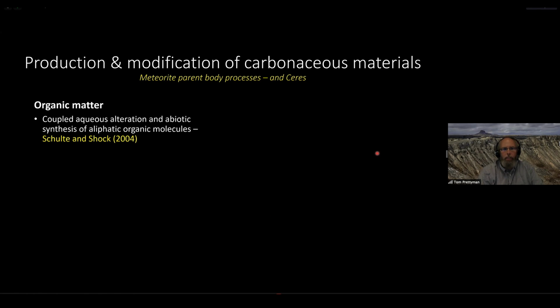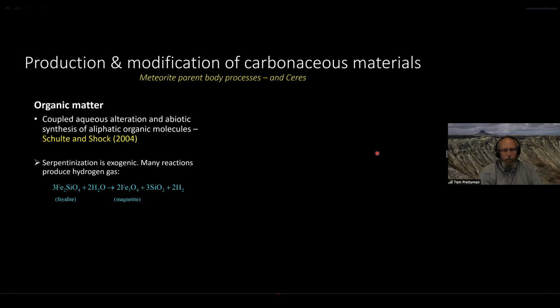Now, to understand this even more, we have to understand production and modification of carbonaceous materials on these parent bodies. Schulte and Shock proposed that most of the soluble component really comes from coupled aqueous alteration and abiotic synthesis of aliphatic organic molecules. This is easy to understand.